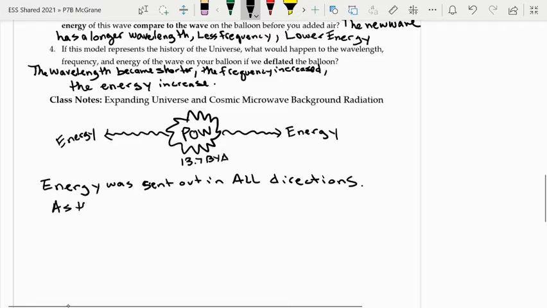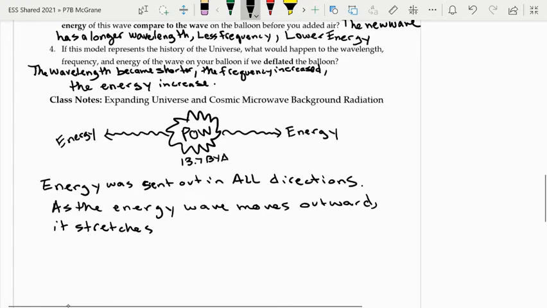As the energy wave moves outward, it stretches as the universe grows. I'll say as the universe expands.